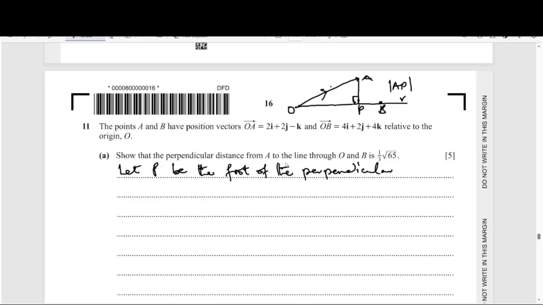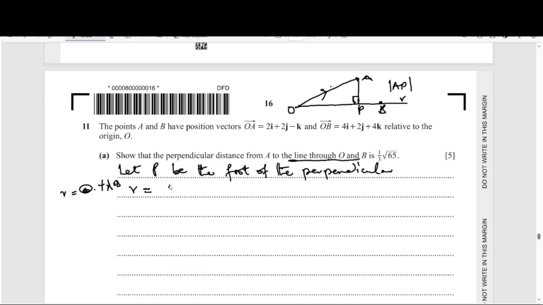So wherever we see P, this will become our interpretation. You need to find the line through O and B, right? So remember that line is going to be R is equal to the initial point, where the line is starting from, plus lambda times OB. We start from O, which is the origin.